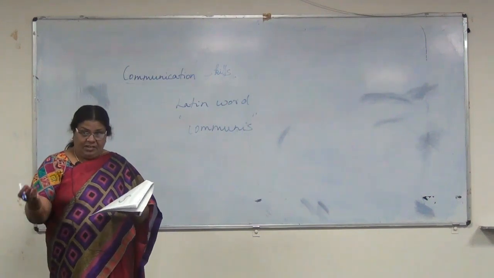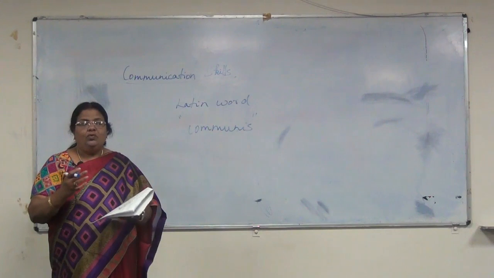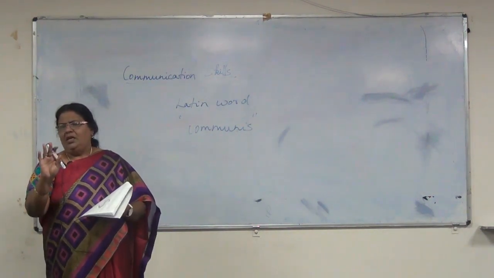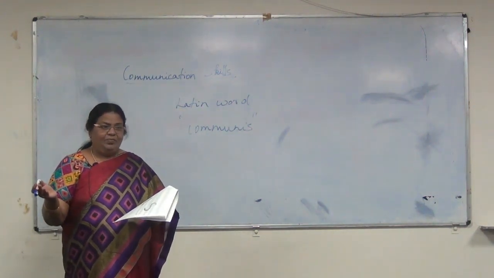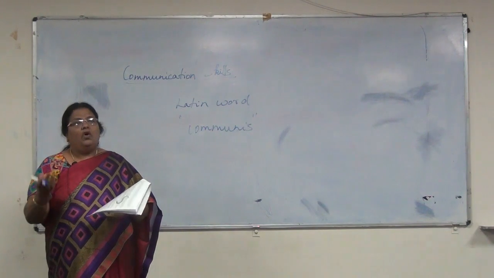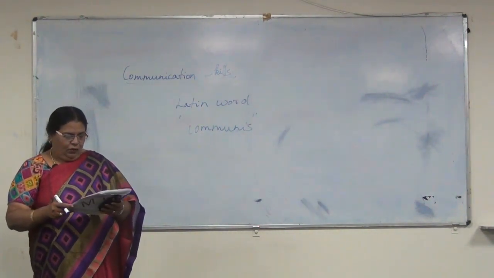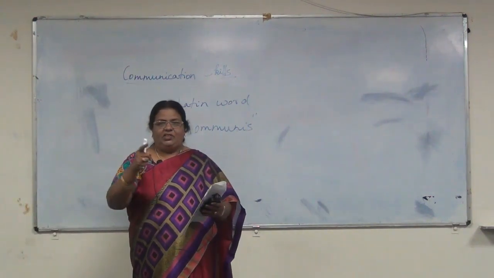Feedback may be in written form or in oral message, which tells you what the other person has felt. Now, the receiver cannot always be at the receiving end, right? And you also need to know what exactly the receiver thinks. So, feedback actually completes the loop of communication.